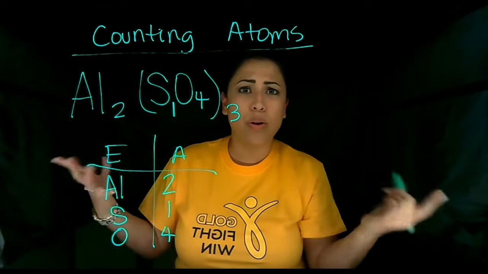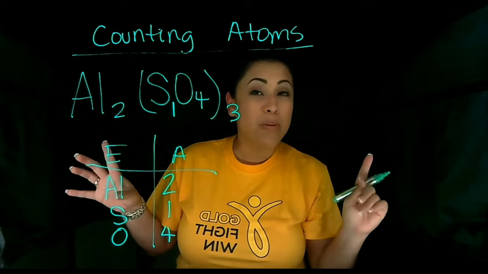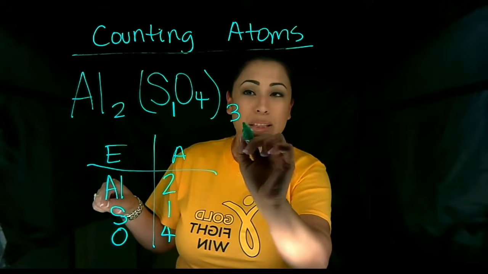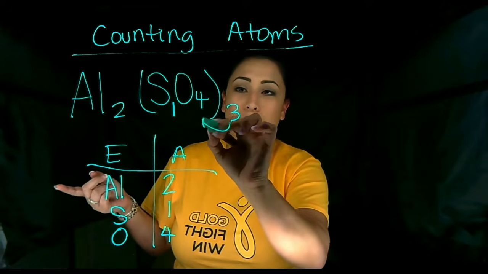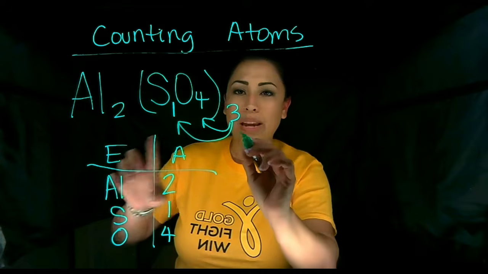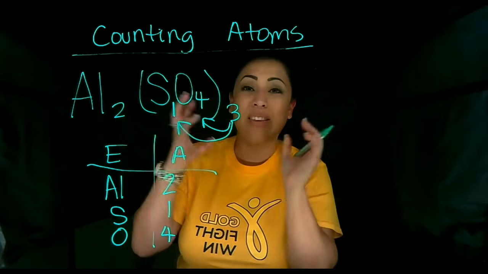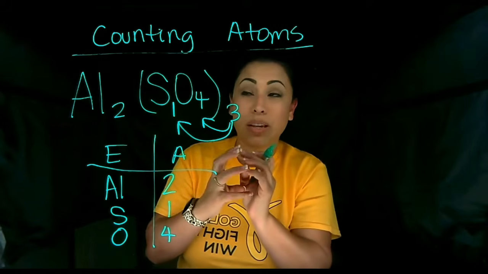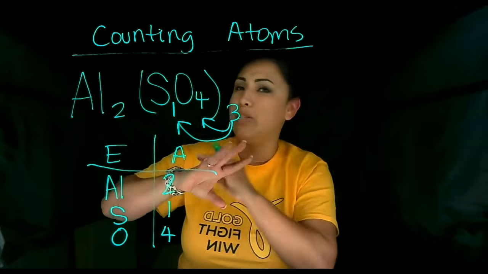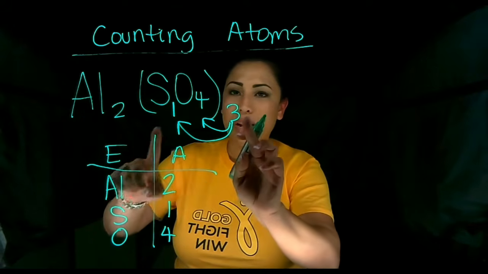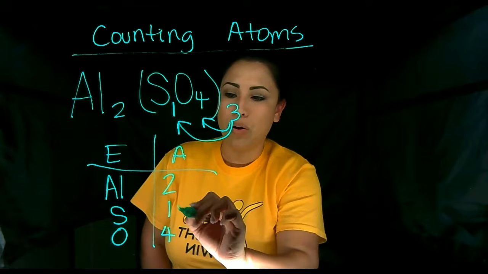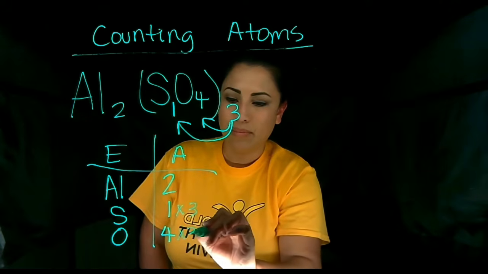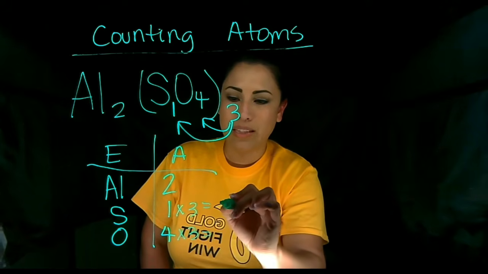The parentheses, what do we do? If you remember in math, when you see parentheses, you typically multiply. So right here, we're going to multiply the 3 to everything that's inside the parentheses only. Whatever's outside the parentheses, we do not multiply. So we're going to add a times 3 to our S and our O. Now, how many S's do we have?